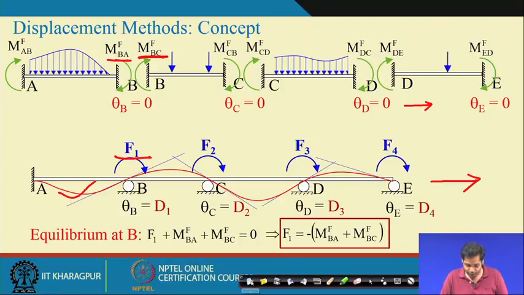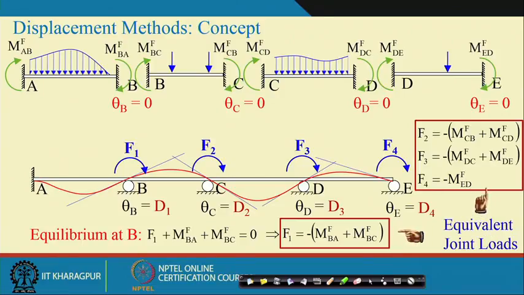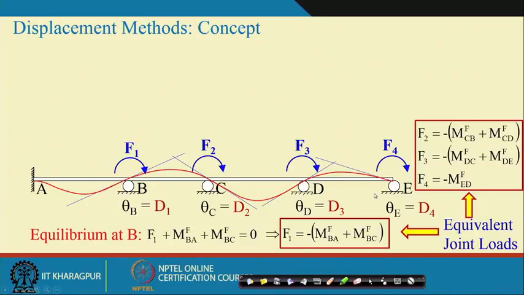Similarly, we can have equilibrium equations at all other joints, and those equilibrium equations are this. This is for F2, F3 and F4, and these are called equivalent joint loads. You can recall, these are called equivalent joint loads. Now, once we have equivalent joint loads, the next step is we can write F1.